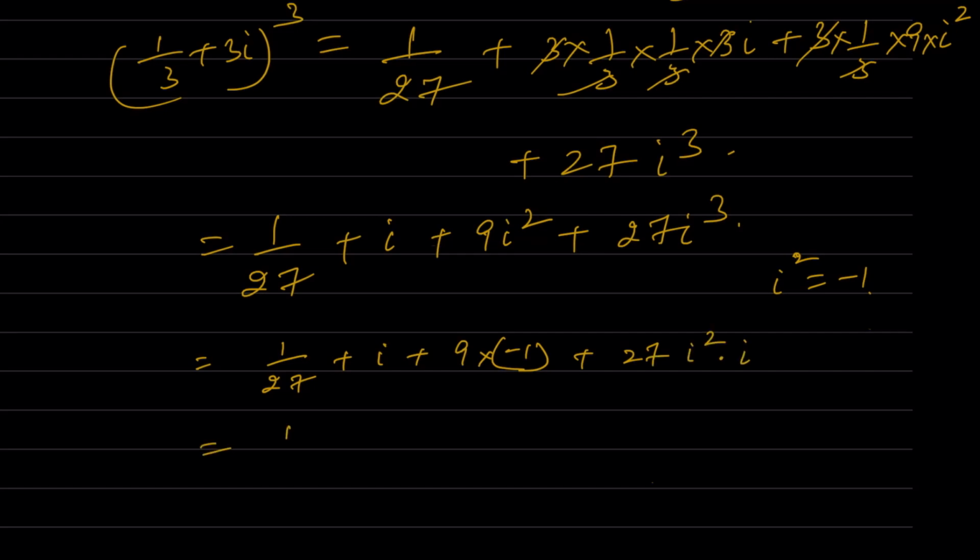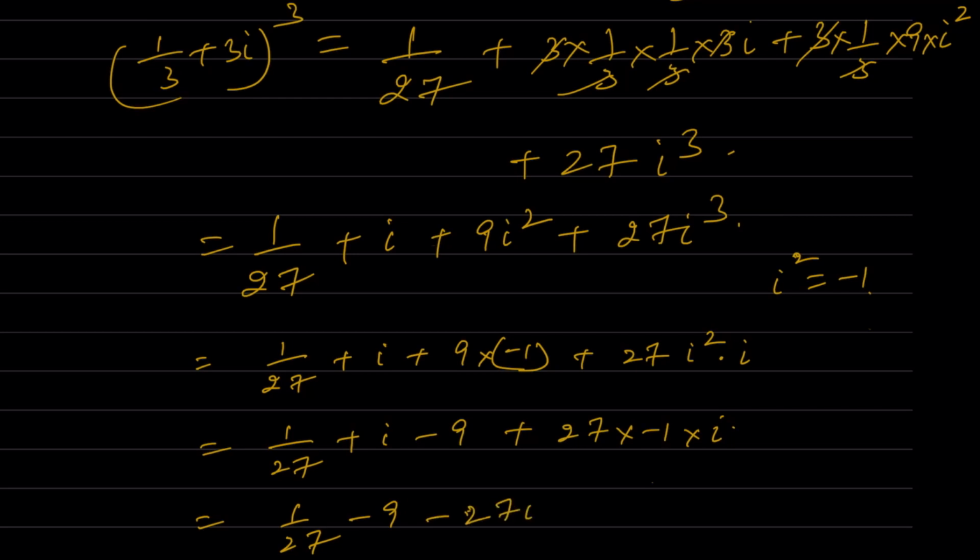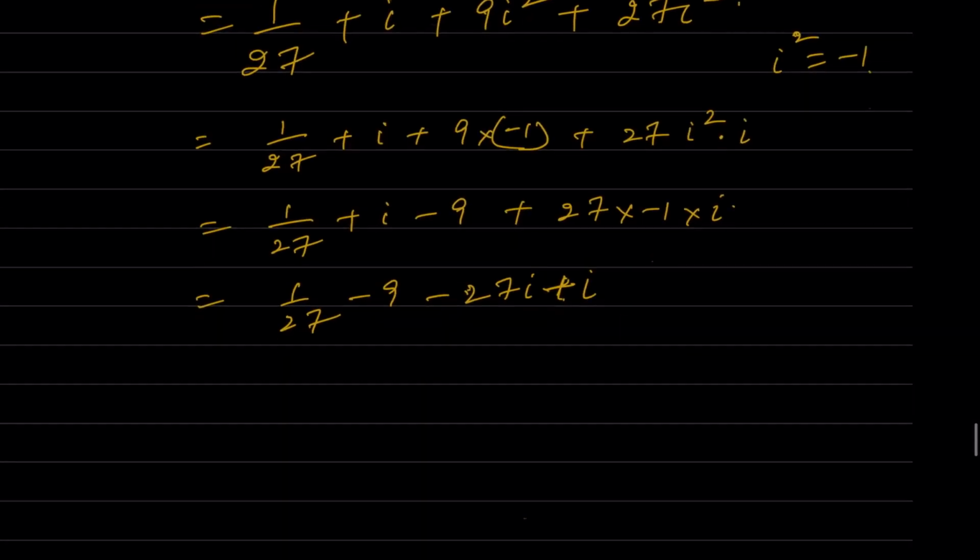So which is equal to 1/27 plus i minus 9 plus, here 27 into minus 1 into i. So you are going to get 1/27 minus 9 minus 27i plus i. I forgot to write the i in between, so I wrote it here.